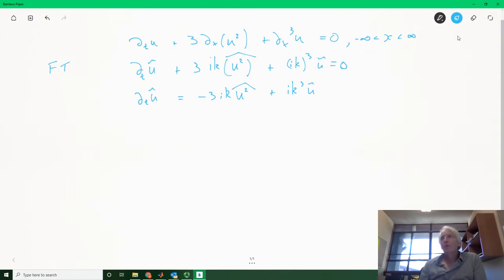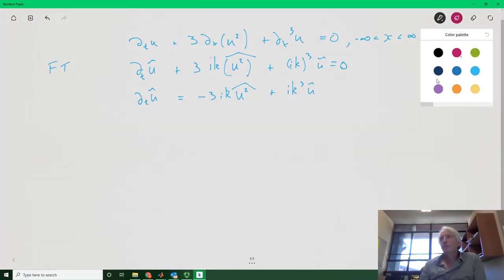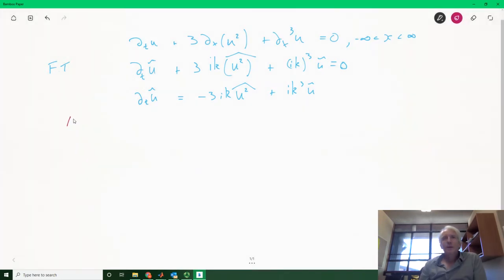The idea of the split step method is quite simple to understand. We're going to solve at each time step, going from t to t plus delta t. We're going to advance this forward by a tiny time step or a large time step, depending on how big, up to us to decide that.